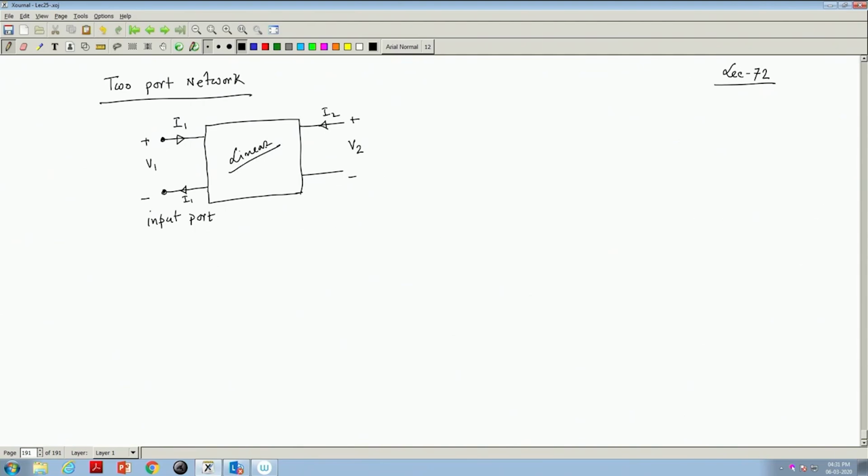Now, the kind of network may be like this. Suppose you have a network, and this can also be impedances Z in terms of S, as I will tell you later. Perhaps these two are the output port and these two are the input port. If you see this type of configuration, you can easily see that there are actually three terminals, 1, 2, and all these points are together, so this is one terminal.